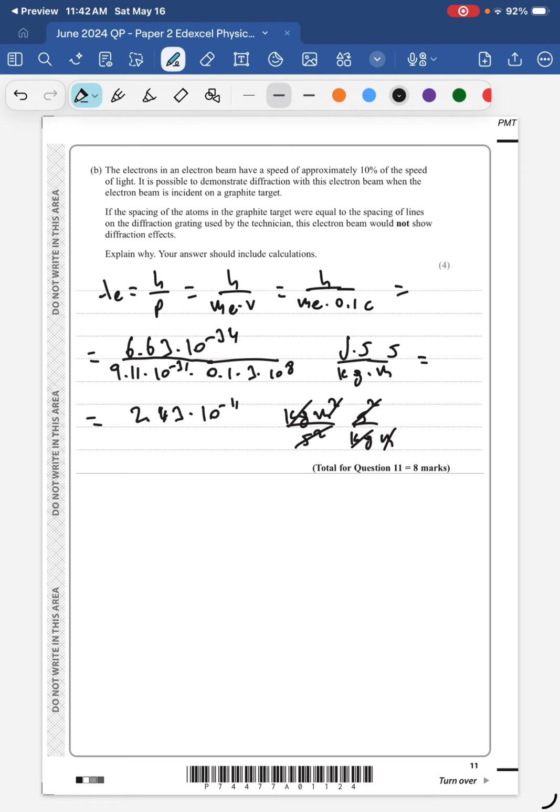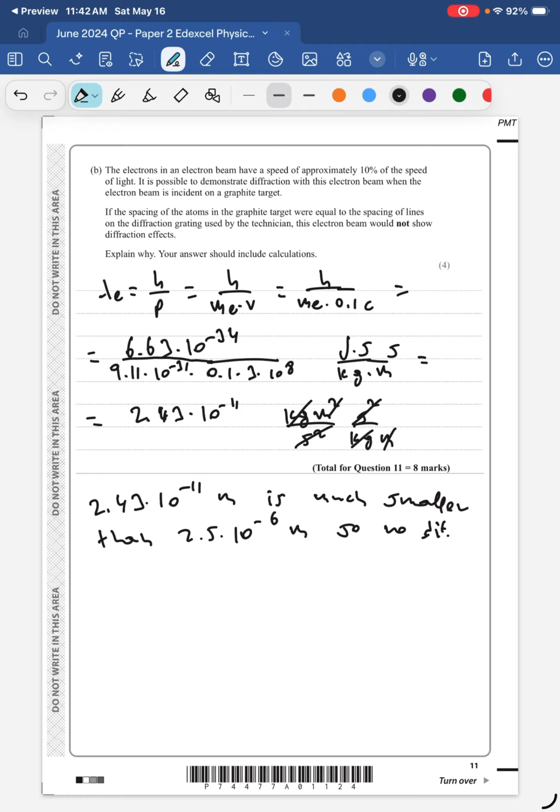But 2.43 times 10 to the negative 11 meters is much smaller than, what was the value of d from before, 2.5 times 10 to the negative 6 meters, so no diffraction. So if you use the diffraction grating with these electrons, you will observe nothing. Electrons will just go through.